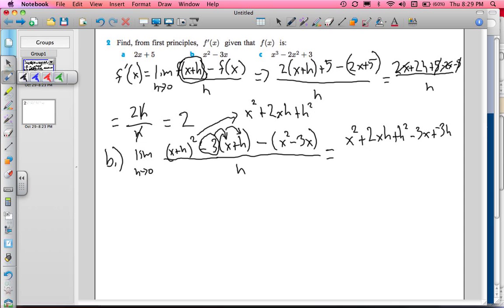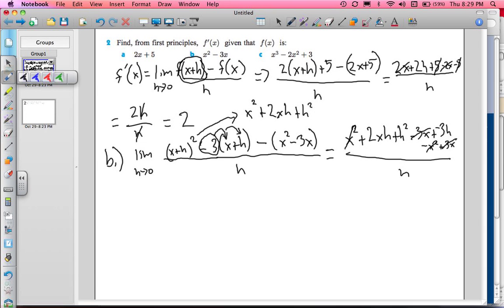We could also distribute the negative, minus x squared plus 3x, all over h. So we have x squared minus x squared and positive 3x, negative 3x.